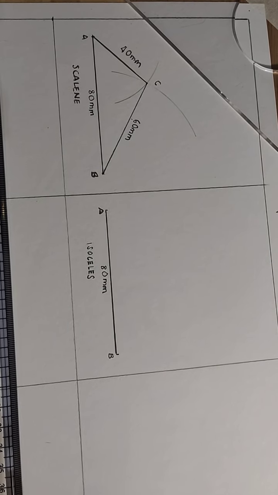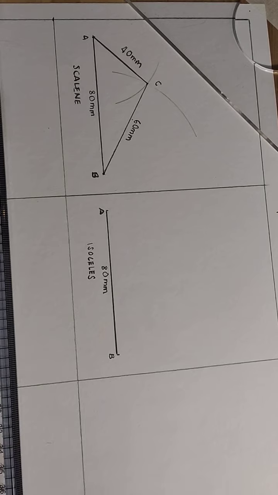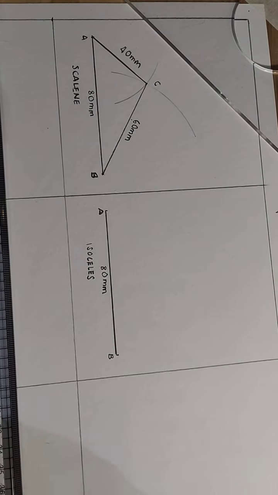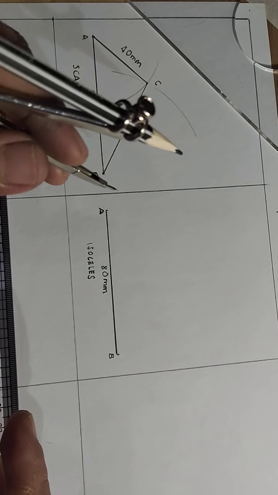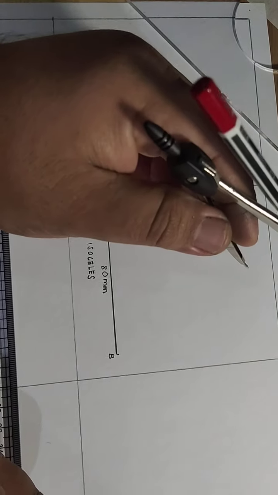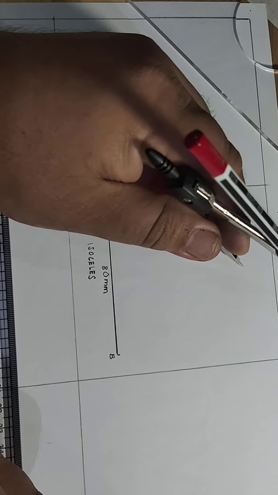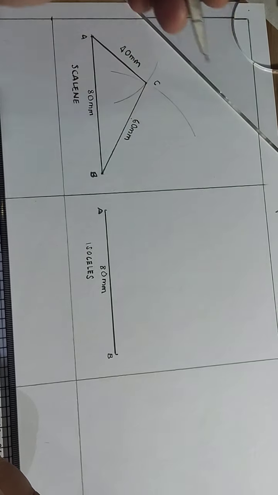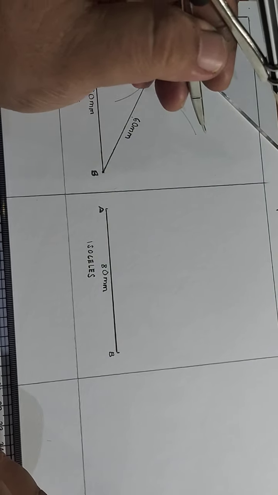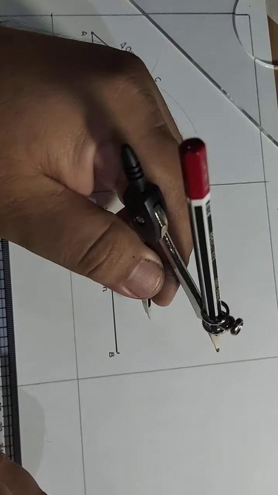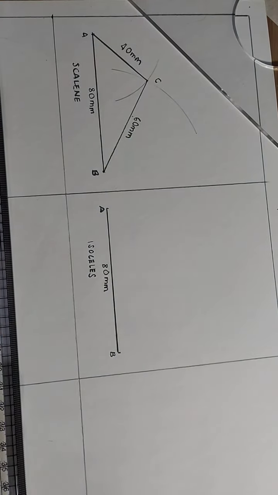Now we draw the sides that are equal, from the peak of the triangle, which has equal leg length.